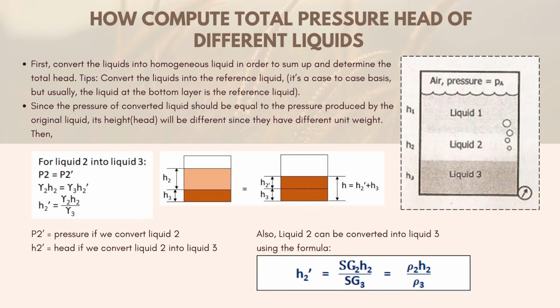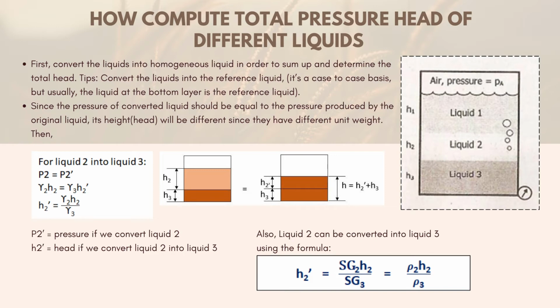So, based on the figure class, meron tayong dalawang uri ng liquids dito sa baba. So, kinonvert class yung H2, kinonvert na maging pareho dun sa type of liquid niya doon sa nasa baba. So, ayun class.